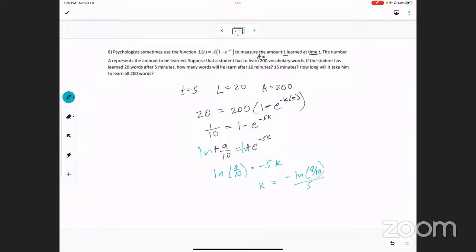So that's my K. And I'm just going to leave it like that as that mess. So now go back up here to my equation. My equation is going to be L of T equals 200 times 1 minus e to the negative ln of 9/10 over 5 times T, because that was my K, right?